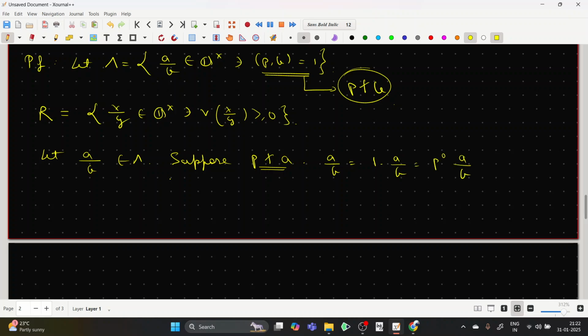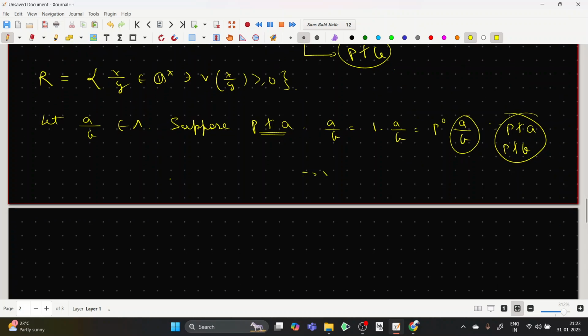Now you can immediately observe that this representation corresponds to the definition of alpha as given in the definition of this discrete valuation, because P does not divide A here, and since I have chosen A by B from Lambda, P and B are co-prime, so P does not divide B as well, right? Since this happens, the discrete valuation of A by B is 0.